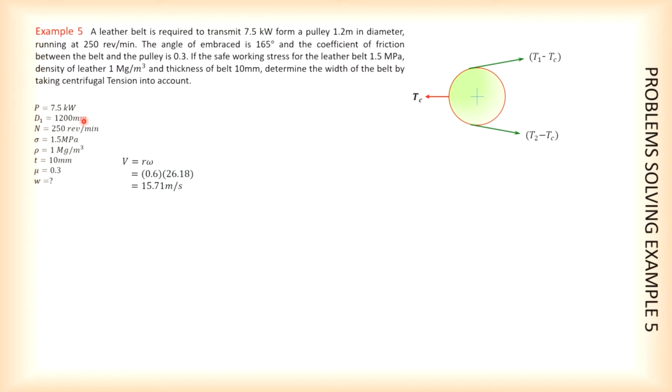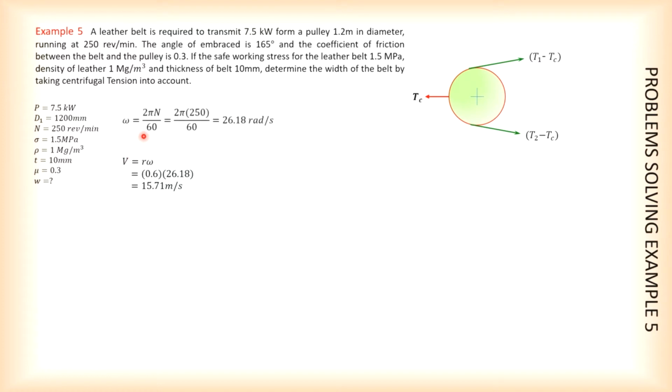These are the given data: the power, the diameter of the pulley, the speed of the pulley, the stress, the density, the thickness, and the coefficient of friction. The width is unknown, to be determined.